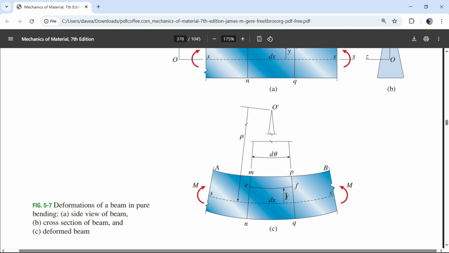And so that's going to be a negative dx divided by rho. So heck yeah, that's our slope, negative dx divided by rho. So we have y is equal to mx plus b, and b is dx. So we have y is equal to, and the slope is negative dx divided by rho.